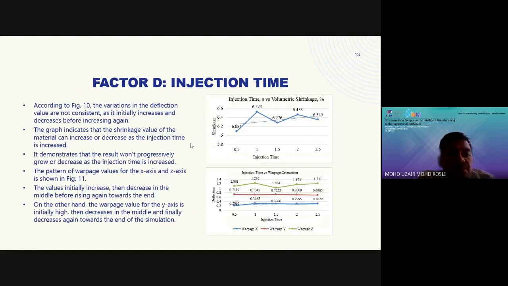The pattern of warpage values for the x-axis and z-axis is shown in Figure 11. Values initially increase, then decrease in the middle before rising again towards the end.